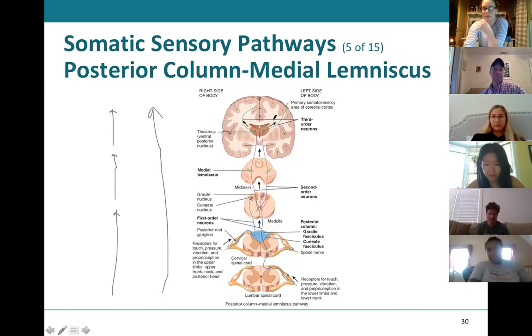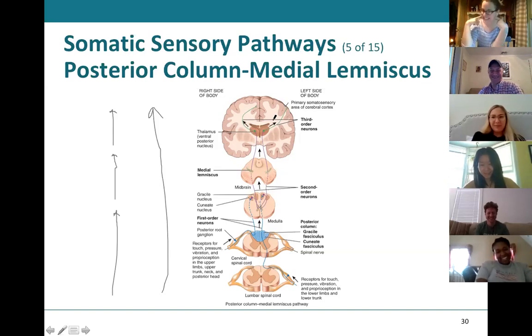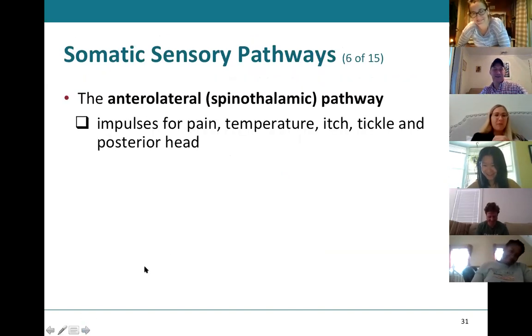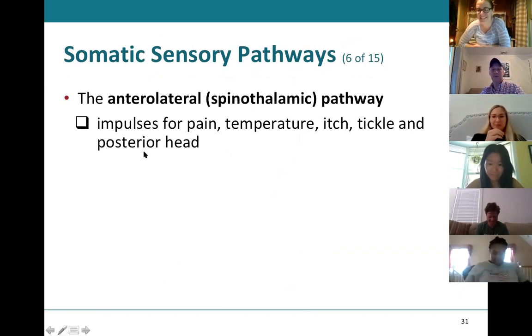What if you get punched in the head? Oh, we have a pathway just for that. Sorry, it's getting past my bedtime.